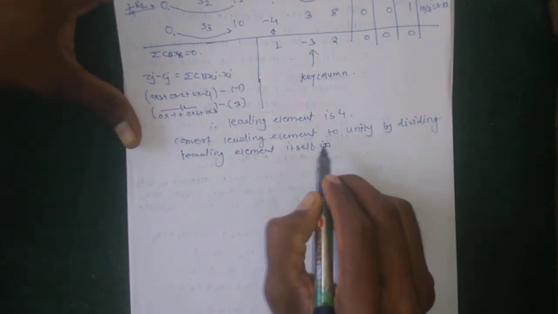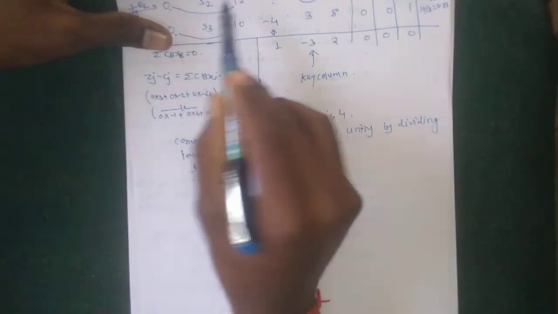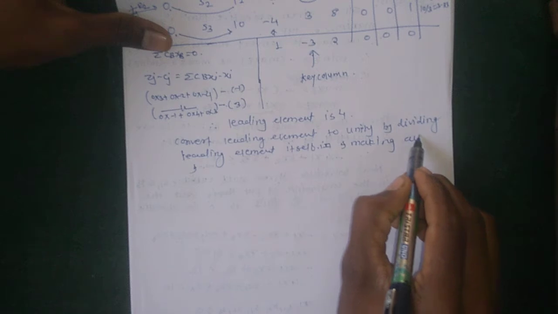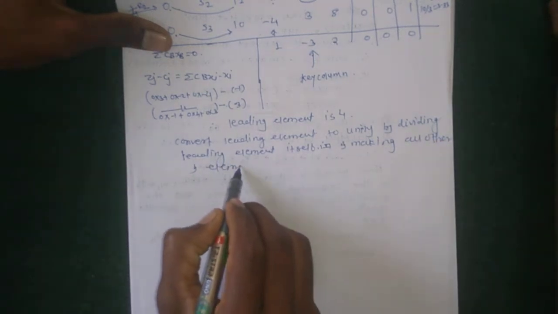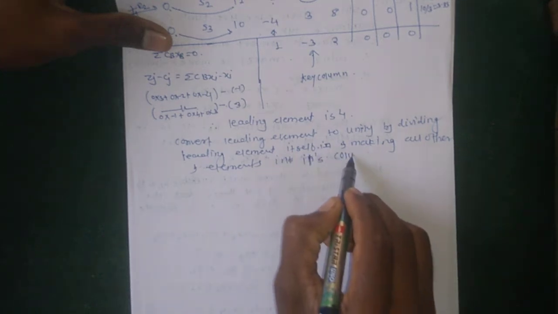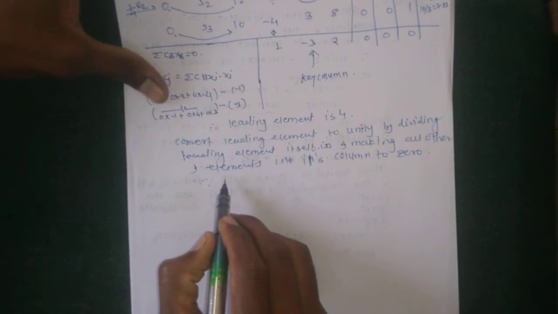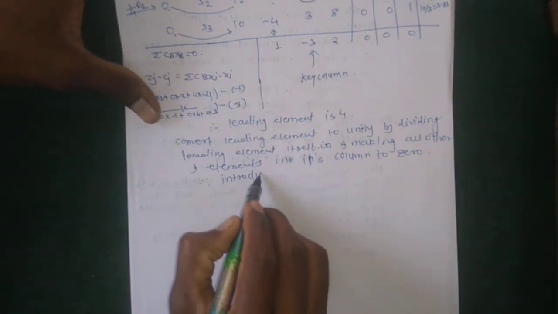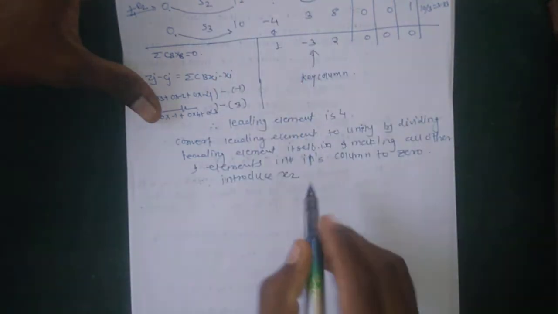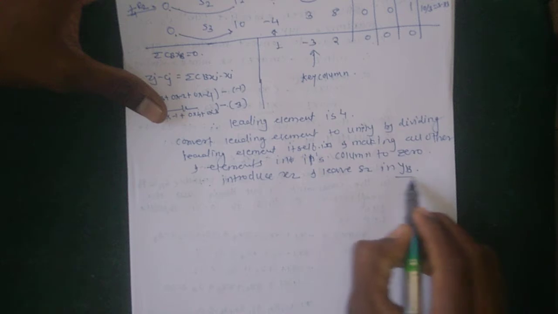And now lastly, making all other elements in its column 0, and therefore lastly, introduce x2 in the basic variable and leave s2, introduce x2 and leave s2 in yb.